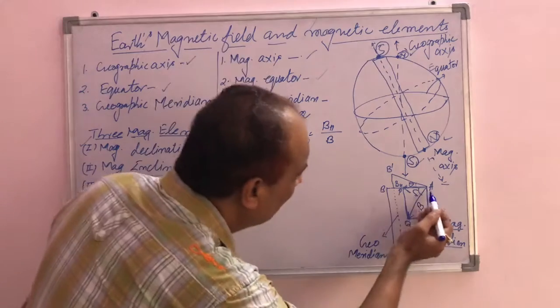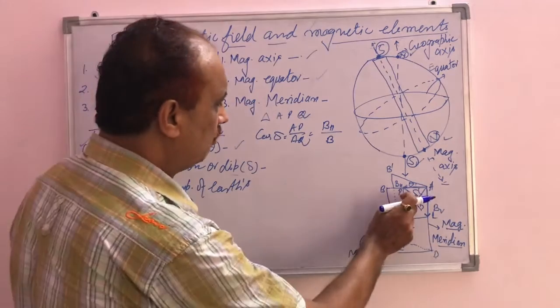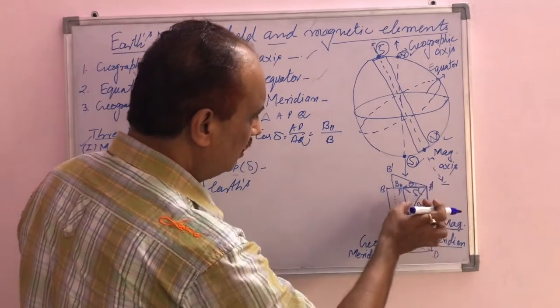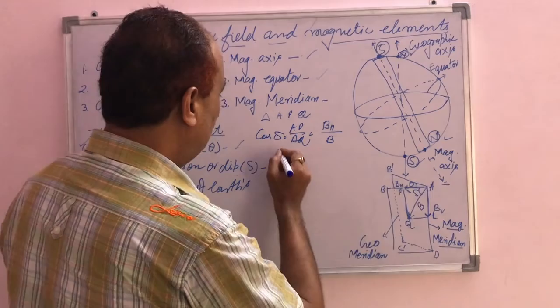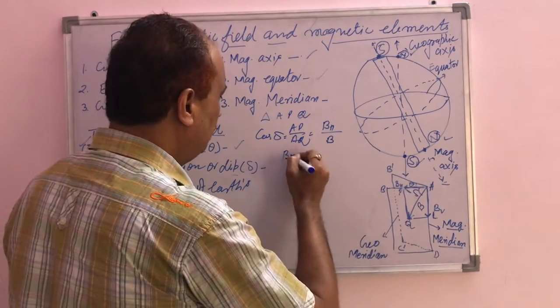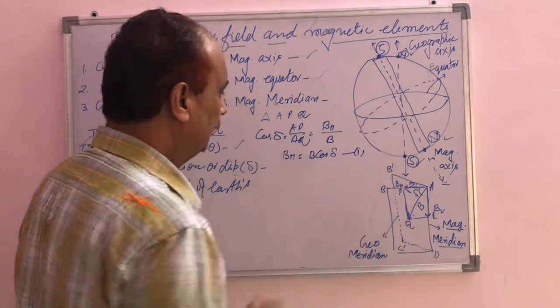Now we'll discuss the mathematical explanation. We'll consider a triangle APQ. In this triangle, we have to find cos delta. So cos delta is equal to AP upon AQ, that is BH upon B. Therefore, the value of BH will be equal to B cos delta. This is equation number 1.